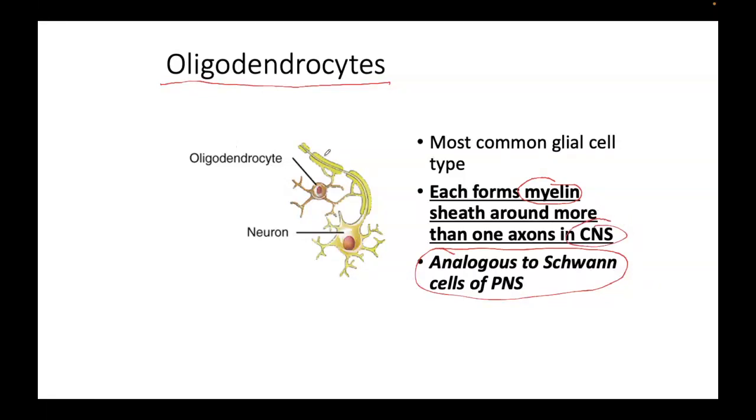What is the disease associated with the breakdown of that myelin sheath? That is what we call multiple sclerosis. Multiple sclerosis is an autoimmune condition where it attacks the oligodendrocytes or the Schwann cells. And we need the insulation around these axons to speed up conduction and make sure that the electrical current is flowing beautifully.